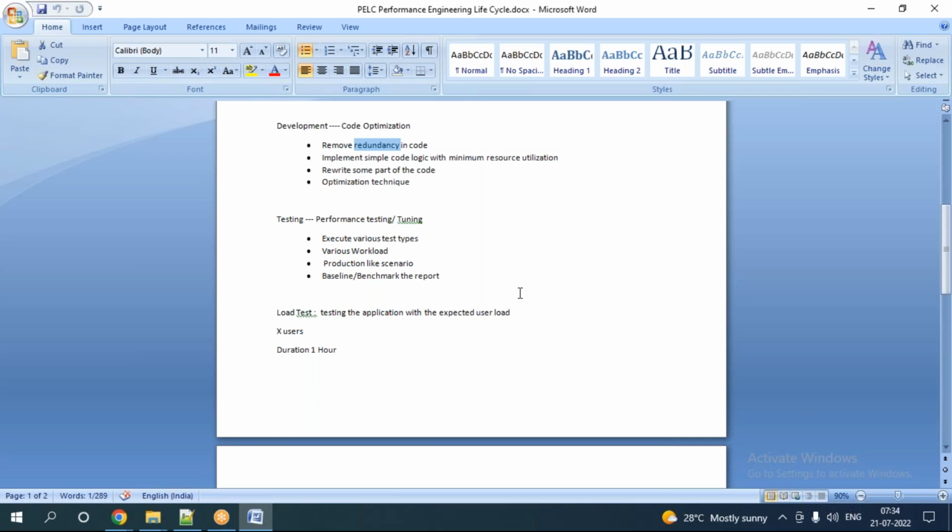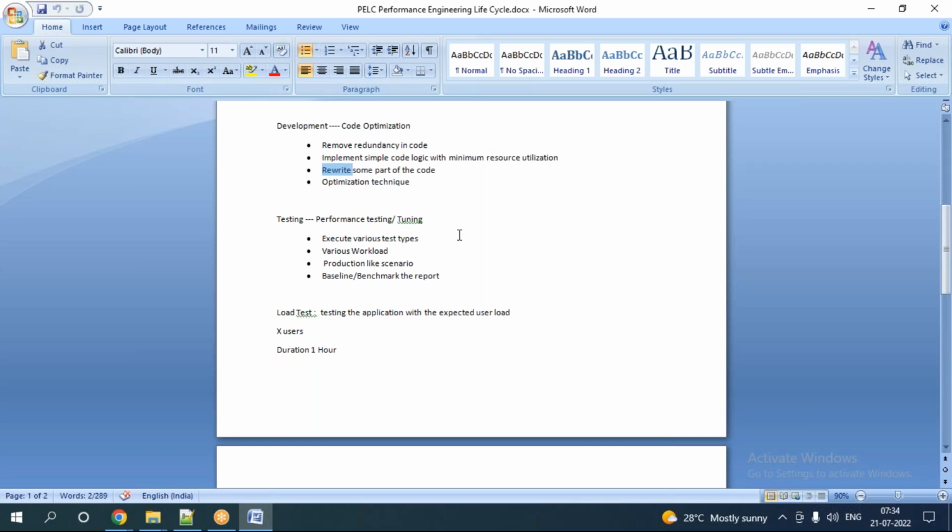Redundancy means there should not be repeated logic in your application. Remove redundancy, and implement simple code logic with minimum resource utilization. You should not unwantedly declare high memory objects. Make your application simple enough with minimum resource utilization, and then rewrite some parts of the code.